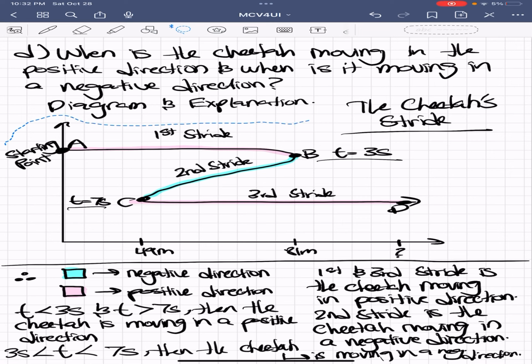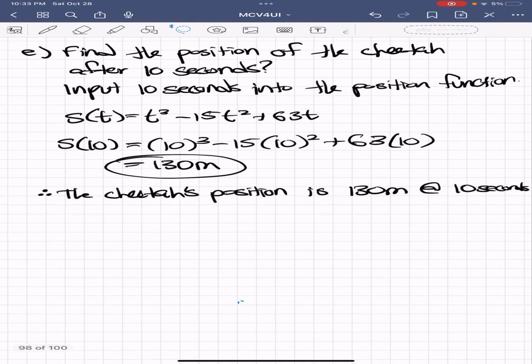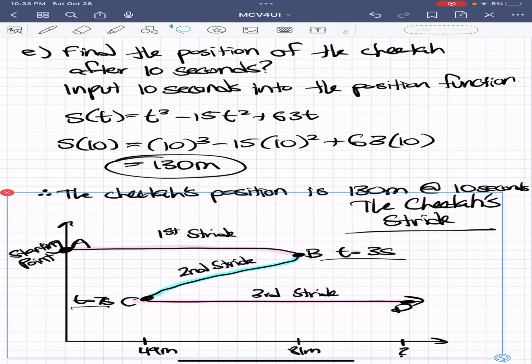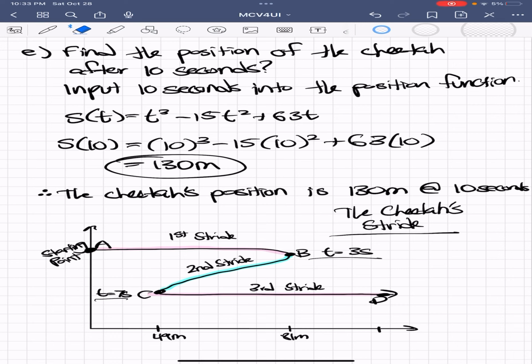And we'll copy this diagram, and then we're going to paste. So we have t equals 10 seconds.